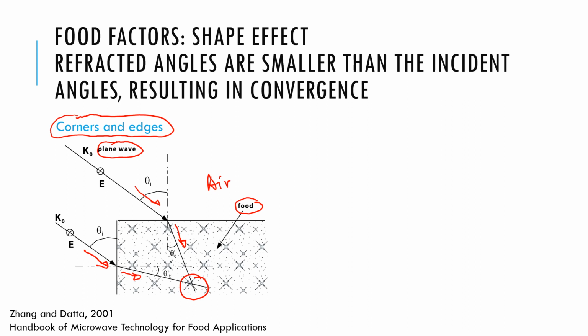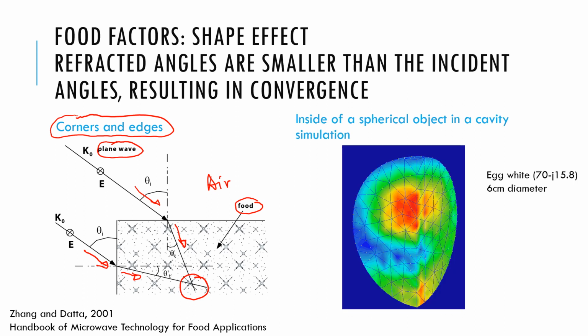In other words, due to the convergence, energy is concentrated around the corners and edges. This kind of effect is enhanced in a spherical object.